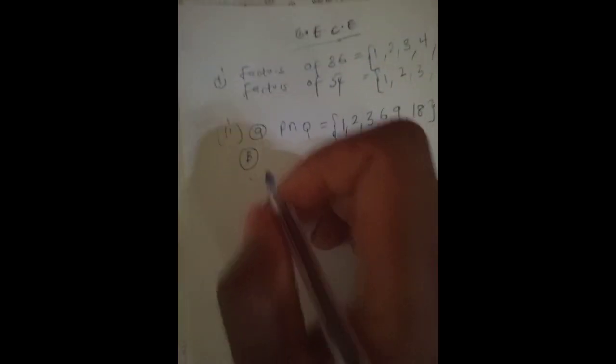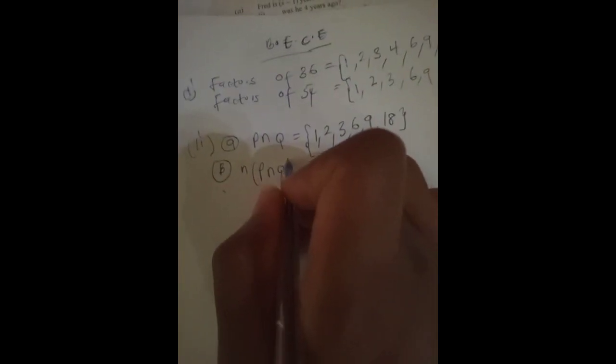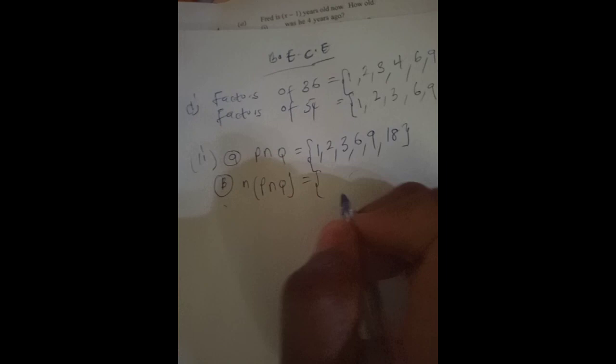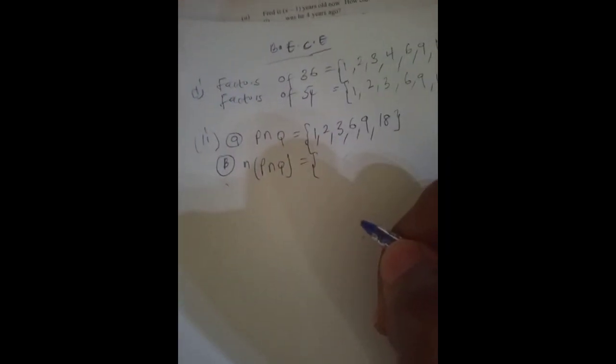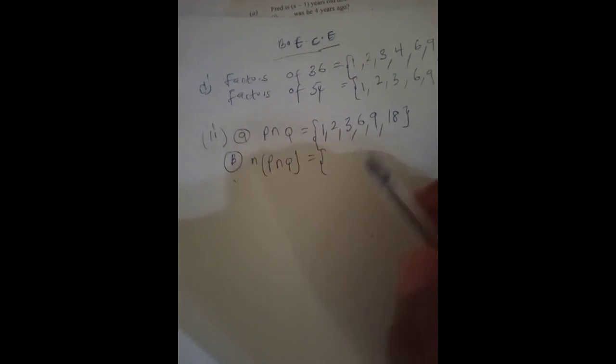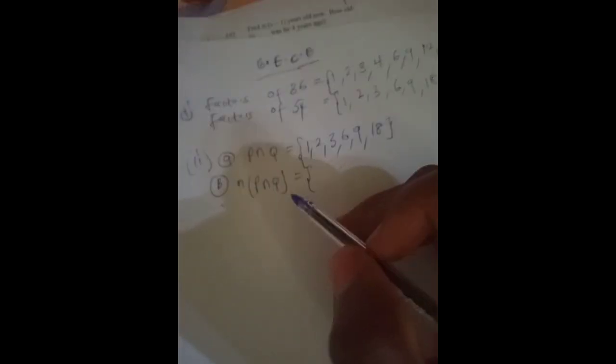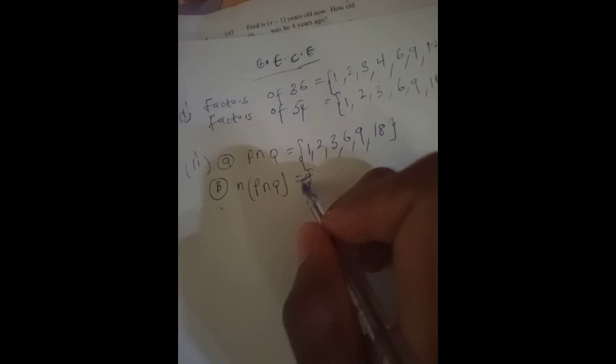Now let's go to the B. They're saying N of P intersecting Q. This means the number of P intersecting Q. So how many numbers are there?